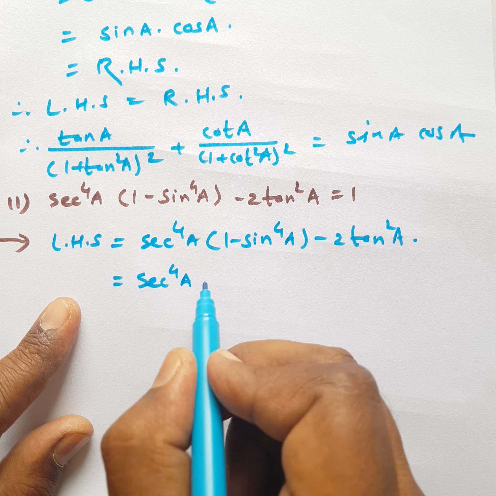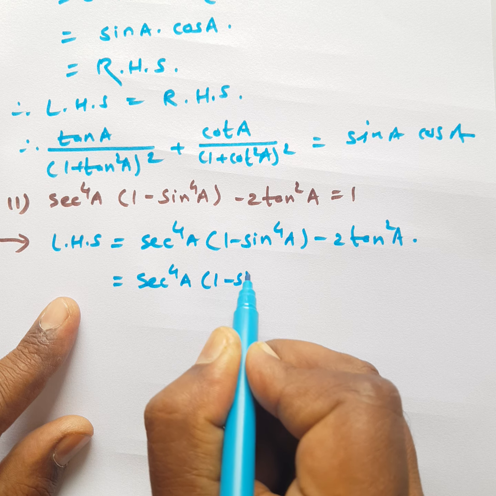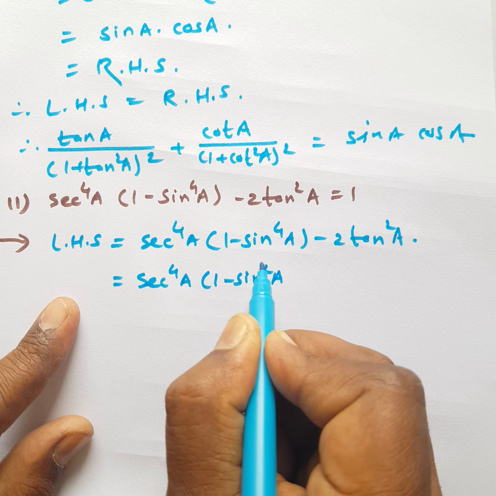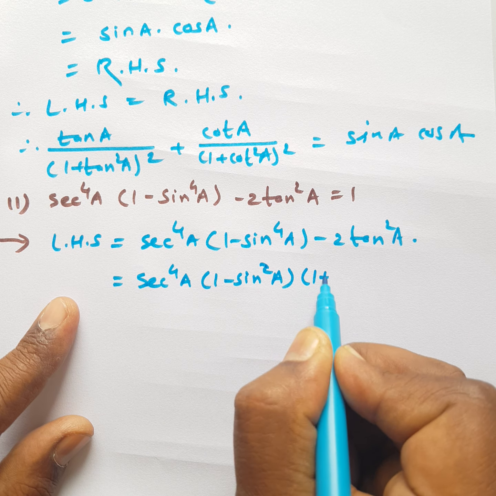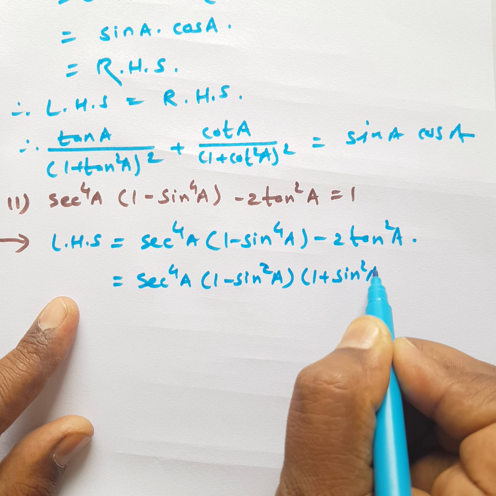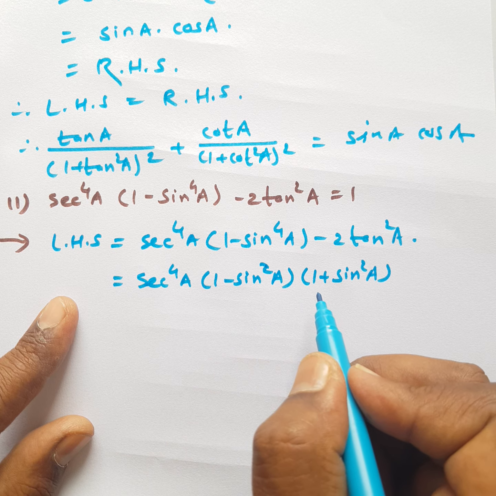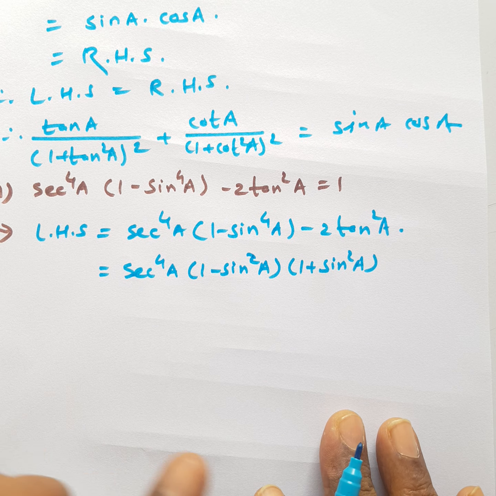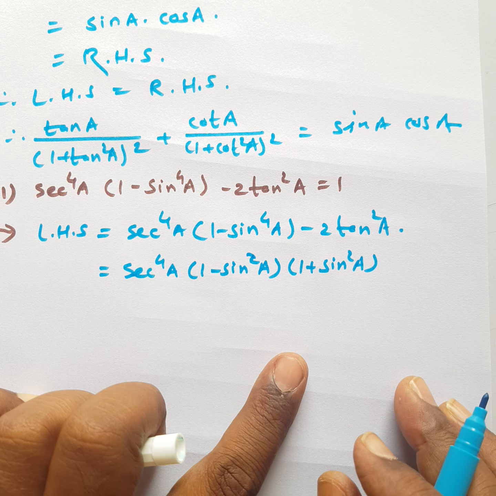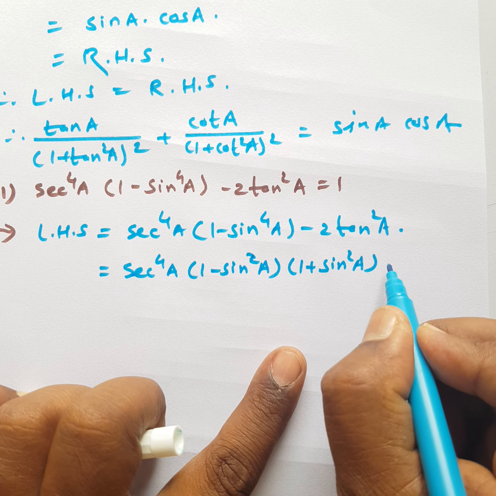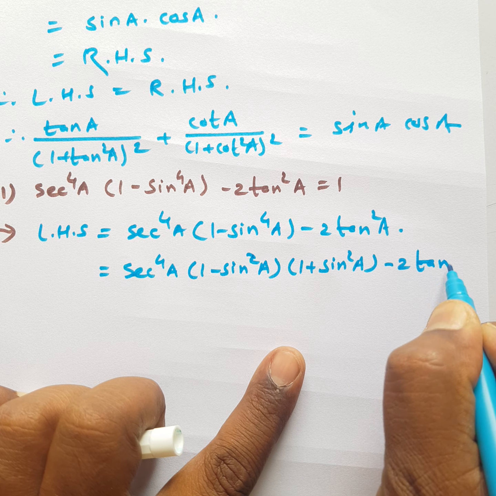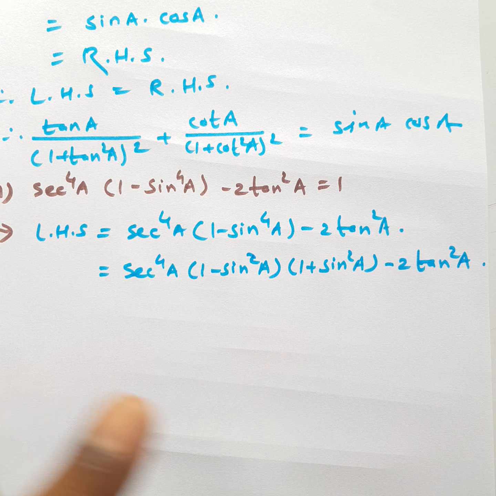Therefore the expansion will be 1 minus sin square A into 1 plus sin square A. It is a square minus b square, a minus b into a plus b. So sec raised to 4 A into 1 minus sin square A into 1 plus sin square A, minus 2 tan square A.